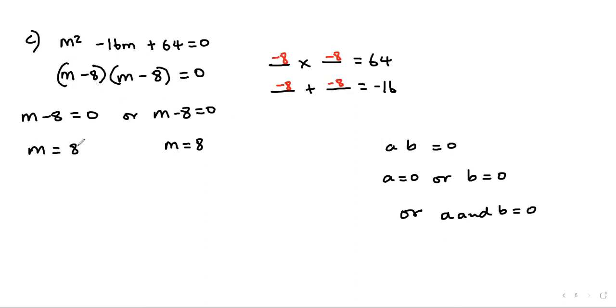So you can see that if we have m equals 8, and also here m equals 8, it means that A is 0 and B is 0. Because m minus 8, with m being 8, 8 minus 8 is 0. Also here, 8 minus 8 is 0. So 0 times 0 equals 0. So that's how you can solve these quadratic equations.